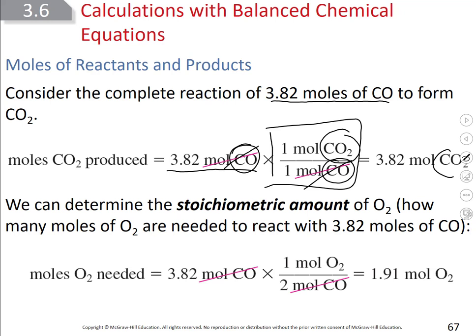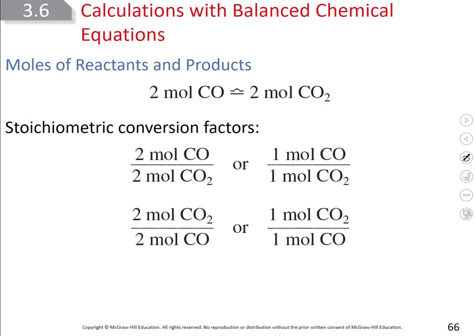Now in this case it was 1 to 1. That wasn't so bad. But let's see if we wanted to know how much O2 is needed to react with that 3.82 moles of CO. So we have our 3.82 moles of CO. Now here's our molar ratio. Again, what we start with goes in the bottom so that it can cancel. What we're being asked for, O2, goes in the top. The molar ratio of O2 to CO is 1 to 2, and we got that from the balanced equation.